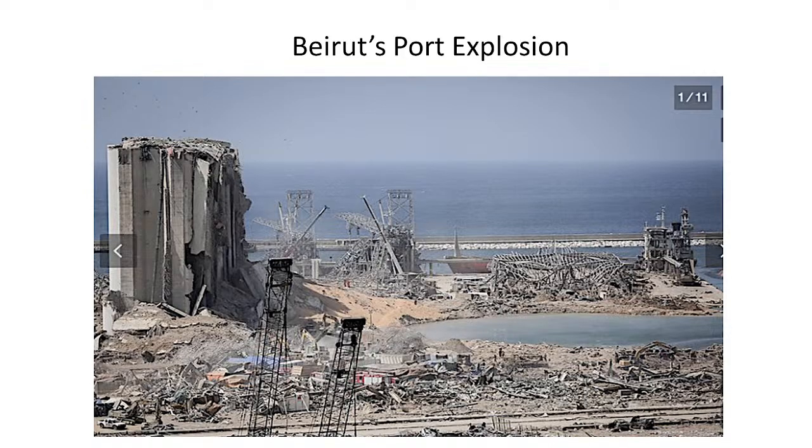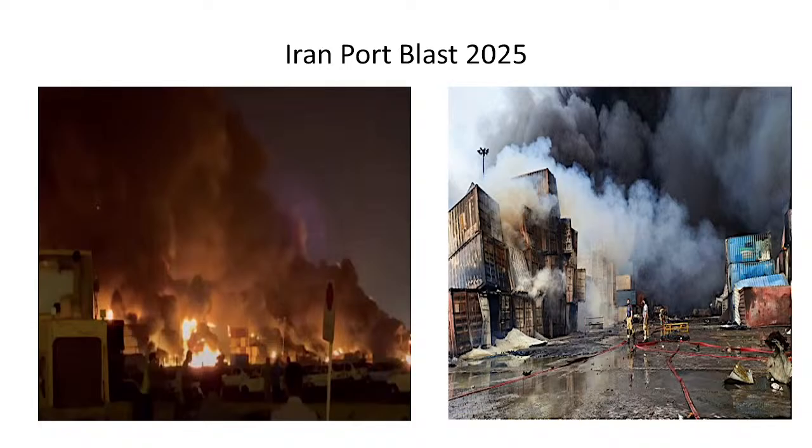So why did this happen? Was it just spontaneous? Because they were not able to control the temperature, there was some problem there. So again, very recently, on the 26th of April this year, just a week back, there was an explosion at one of the ports of Iran.